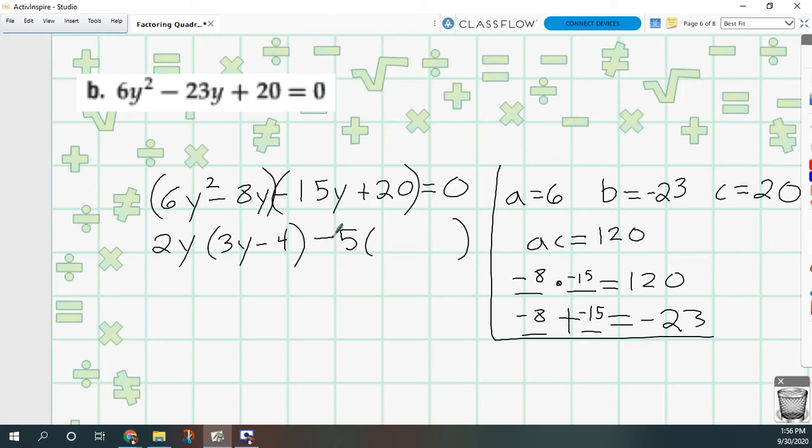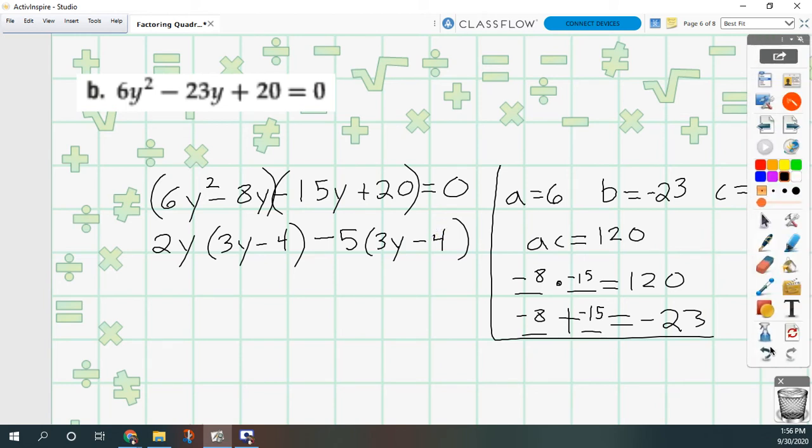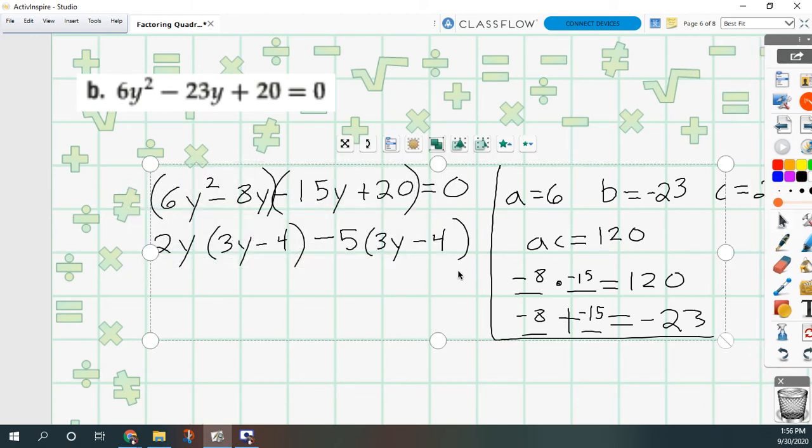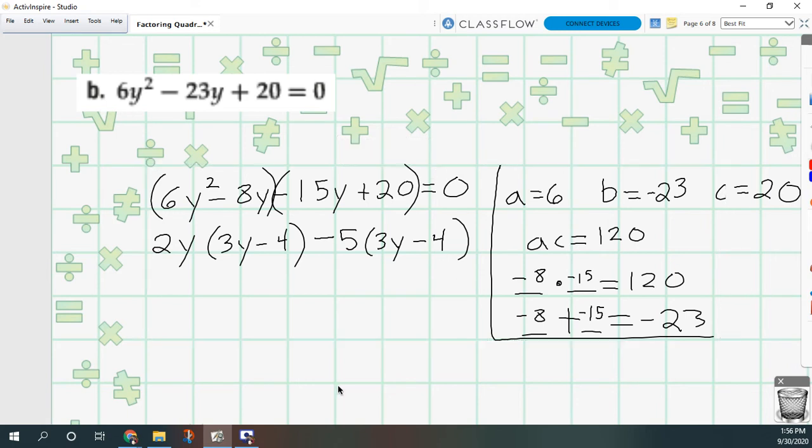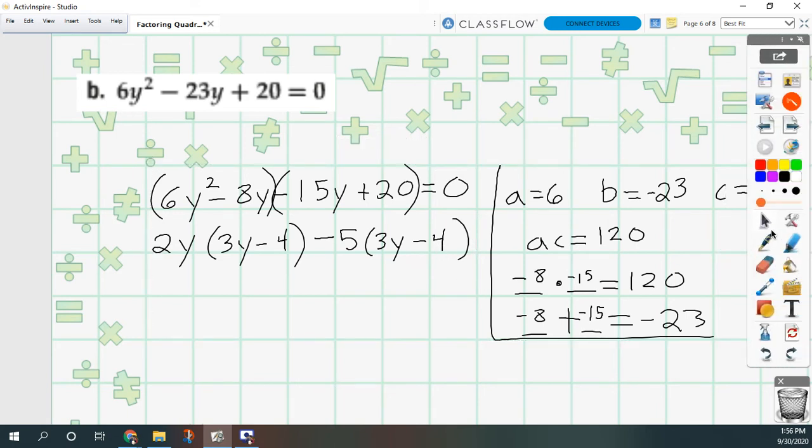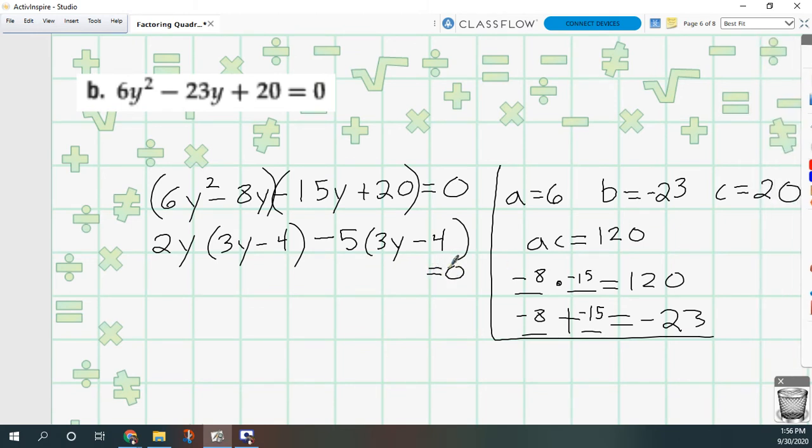So we actually need to factor out a negative 5 in order to flip those two signs, because now it'll work. And it's still all set equal to 0. And so now we can factor out our 3y minus 4, and we're left with a 2y minus 5.